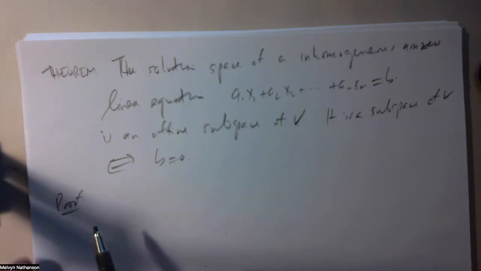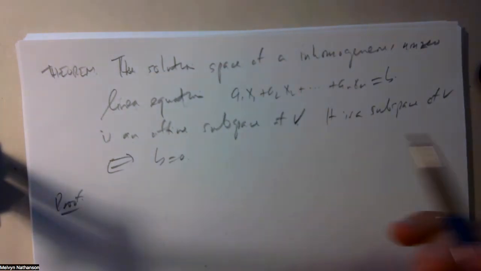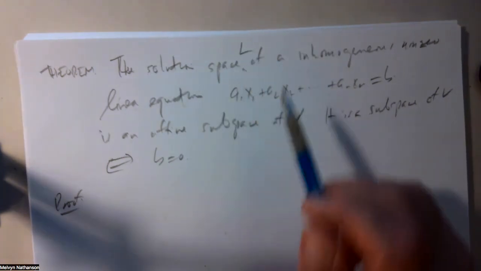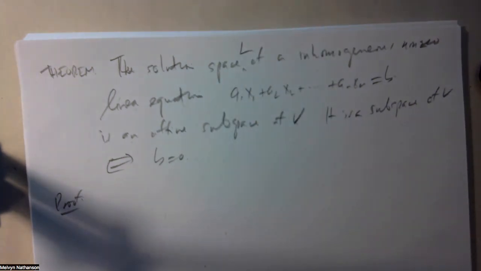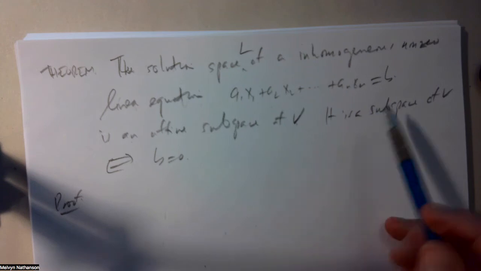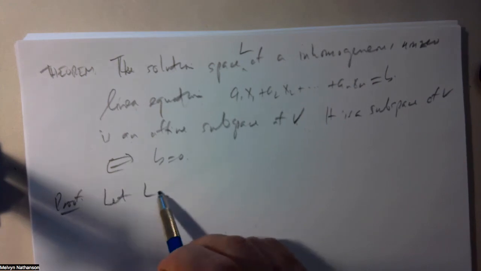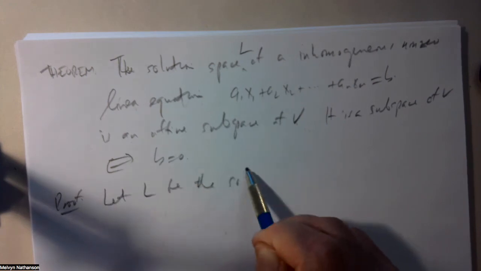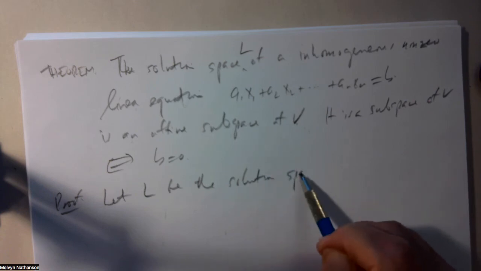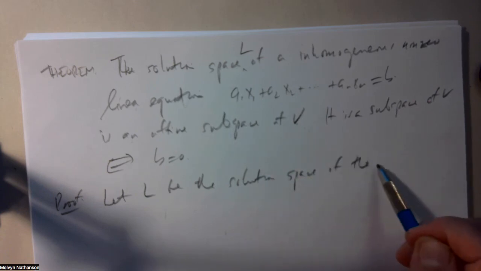And the proof goes as follows. Every non-zero equation has a solution. So let L be the solution space of the equation.